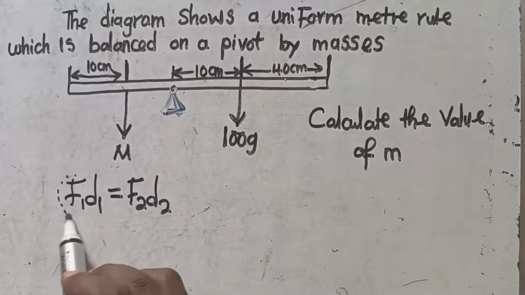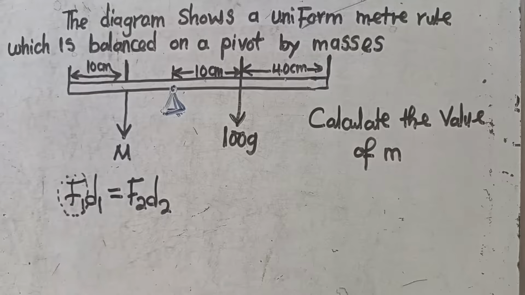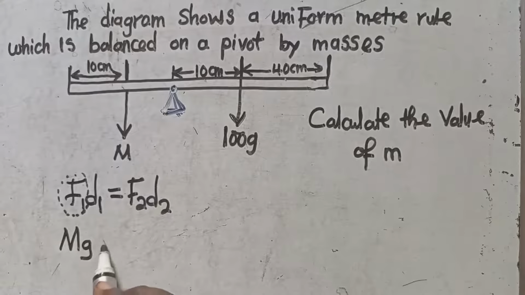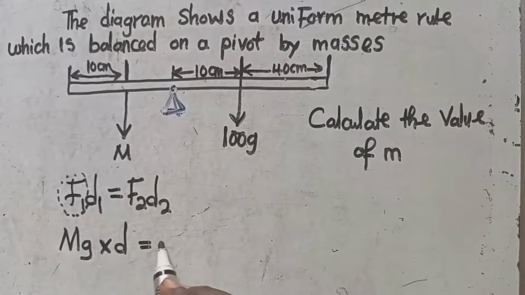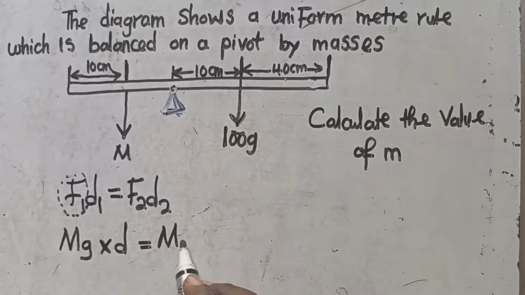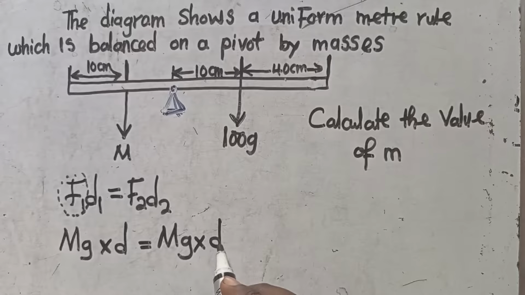The force can be mass multiplied by gravity, times the distance, which is equal to mass multiplied by gravity times the distance. Since the masses are different, we say mass 1 with distance 1, and mass 2 with distance 2.